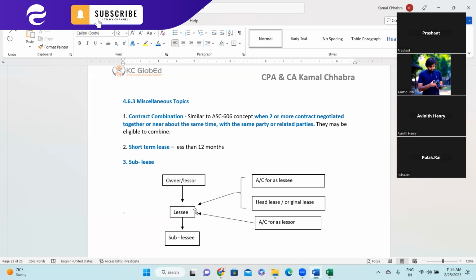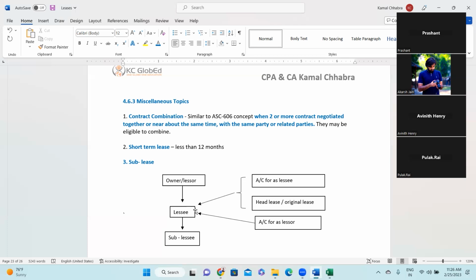If you go back to the ASC 606 notes of step 1, there was a topic called contract combination. Exactly the same definition applies here: when two or more contracts are being negotiated together or near about the same time with the same party or with a related party, then those contracts can be combined together. For example, let's assume Pulak and Kamal are brothers, and Pulak has taken an office on lease, let's say at DLF Cyber City.